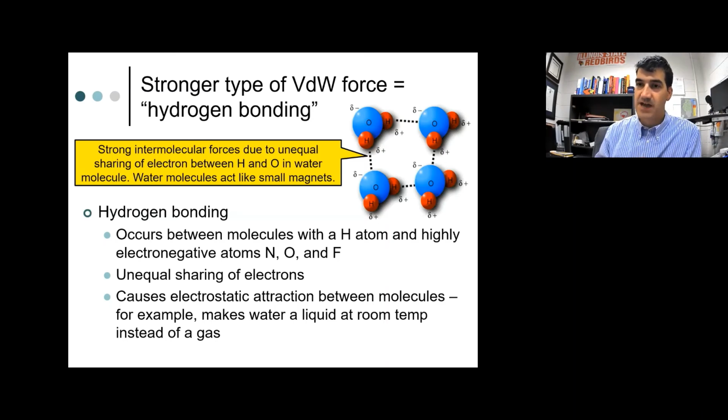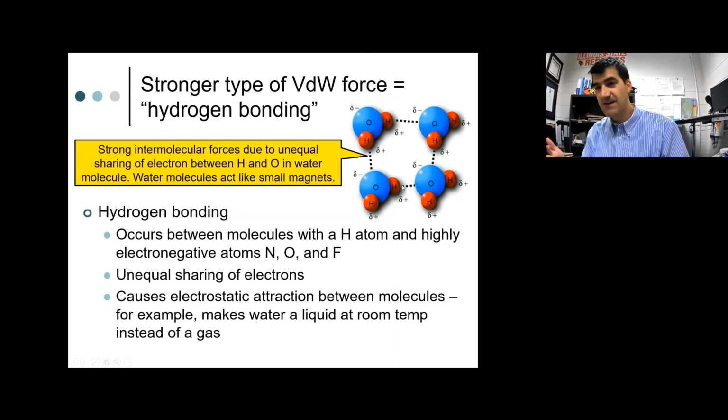So generally, if you have a molecule that has one of these three elements in it, nitrogen, oxygen, or fluorine, these are very highly electronegative, and they pull a lot of the share of the electrons over to them. A good example is H2O. If you have water, the oxygen wants those electrons a lot more than the hydrogen does.